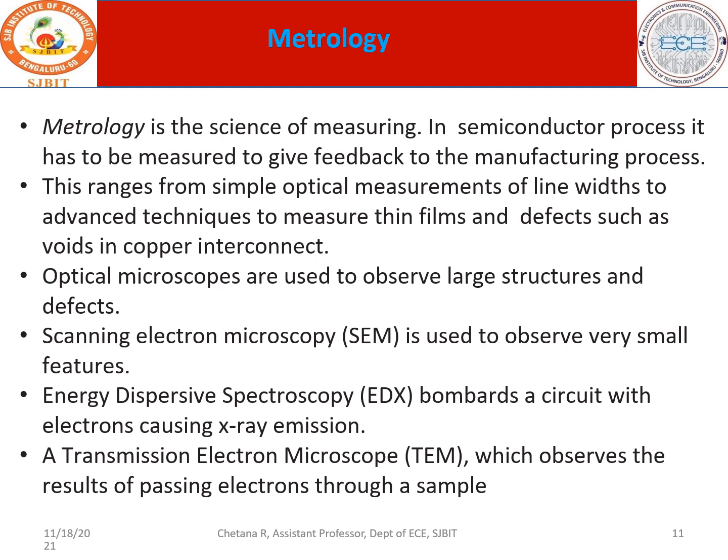This ranges from simple optical measurements of line widths to advanced techniques to measure thin films and defects such as voids. So line widths and thin films, you need to measure them. How will you measure? Is the polysilicon right or wrong? Is this our polysilicon or metal or diffusion, by comparing the width.